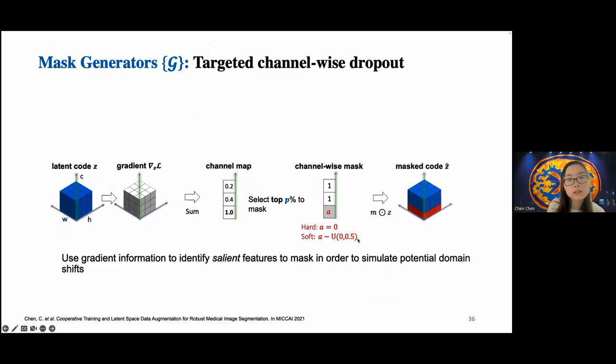Here, instead of directly multiplying with all zeros, we multiply with a soft masking scheme using a random value sampled from 0 to 0.5. This gives us much more diversity, but also helps us preserve some information in the images. I will give you an example later. So with that, we can generate a masked latent code, and then we can project it back to the image space by sending it to a decoder function, okay?